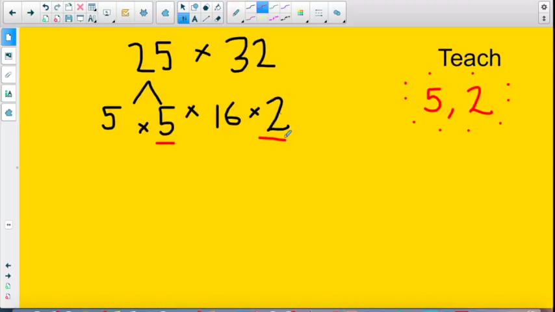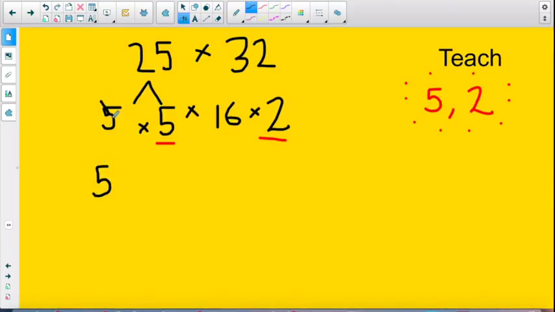How friendly they are. Let's move these factors around so they're next to each other. Remember, 25 is the same as 5 times 5, and 32 is the same as 16 times 2. So this sum here is still the same as 25 times 32. Let's just move these factors around to make them appear even friendlier. So we'll keep this 5 there. So that's done.